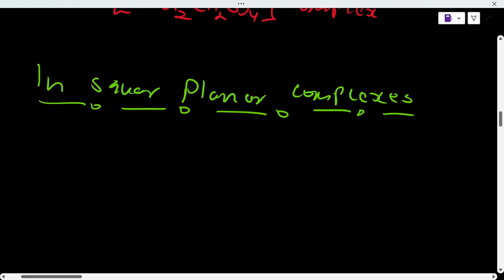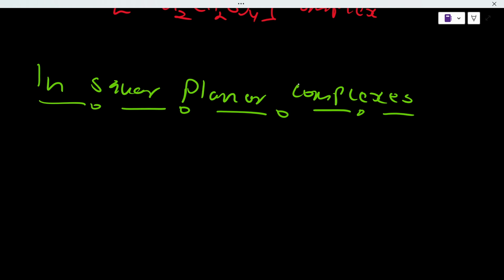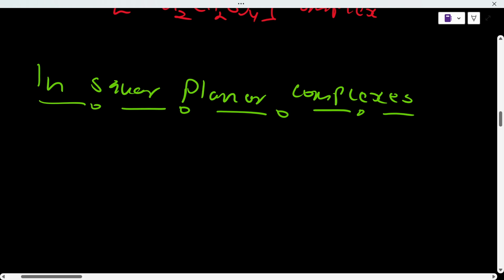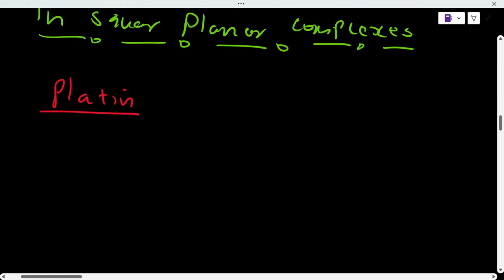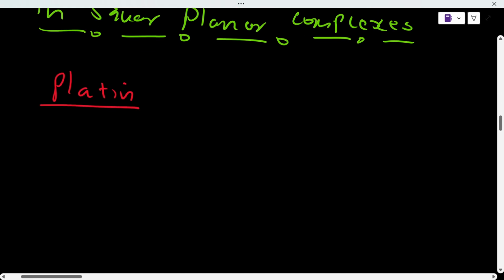Now the example I'm going to use here is a very unique substance that is majorly found in the medicine world, a substance known as platin. Platin is the most known example that we always use.